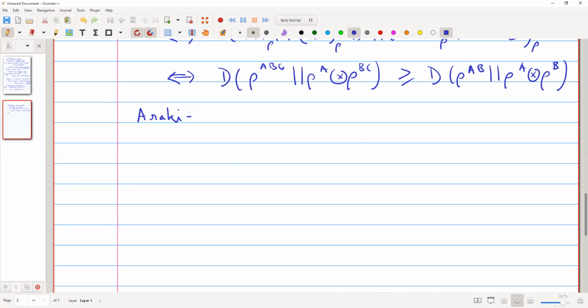You prove it for n, divide by n, and take the limit. You just use asymptotic equipartition. There's an analytic issue there, right? You're saying that for every n, f_n is greater than or equal to g_n, but to say this is true for the limit also, you need some sort of uniform convergence.